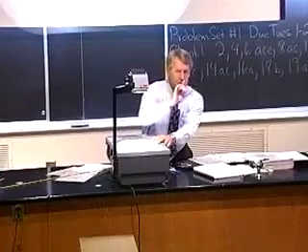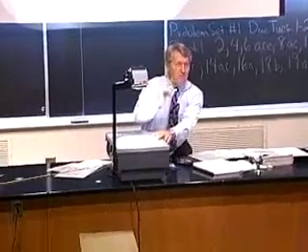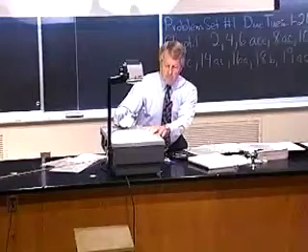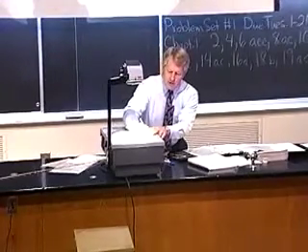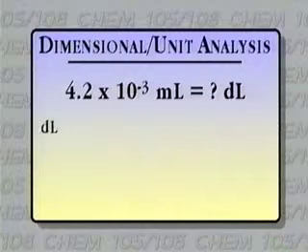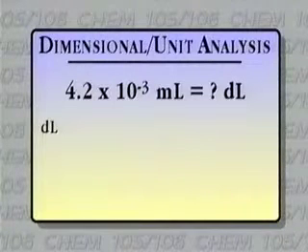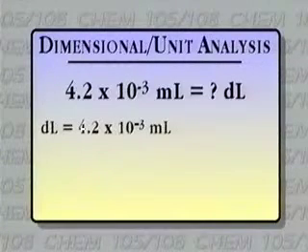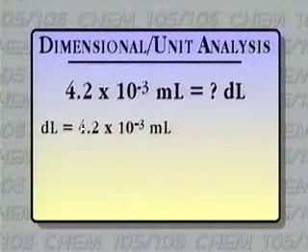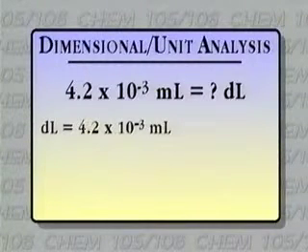But as long as we have the units on the left and the right the same, we both have set the problem up correctly. We want deciliters, and we're starting with 4.2 times 10 to the minus 3 milliliters.